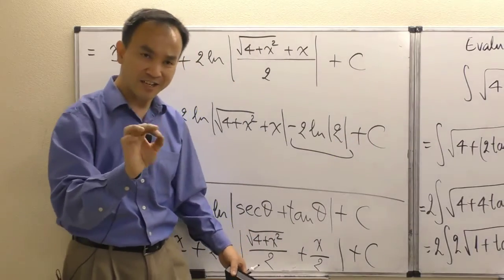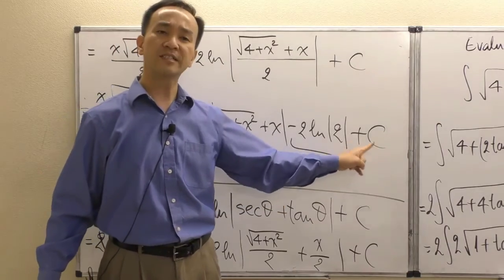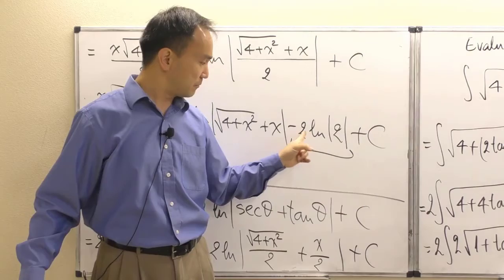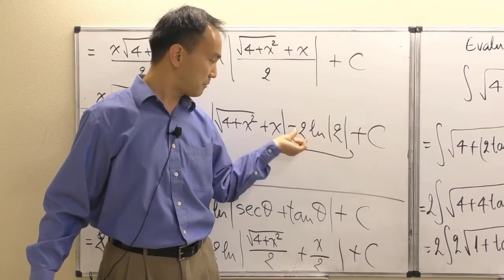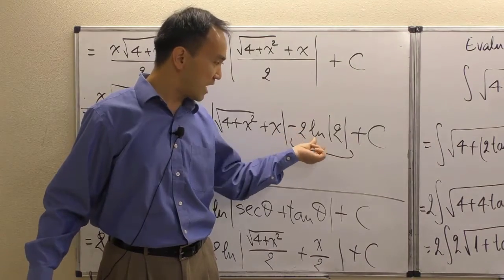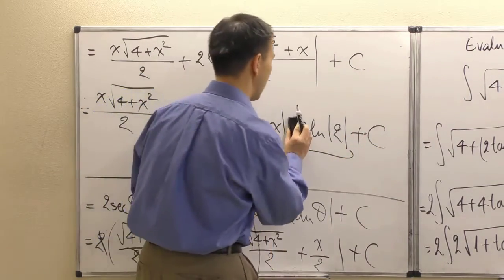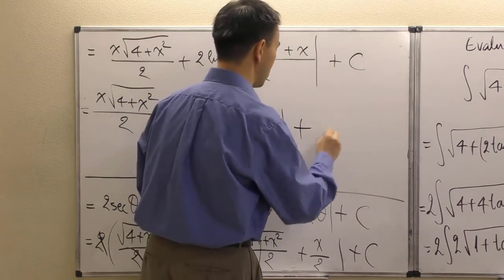Recall from our understanding of the c when we first learned about taking antiderivatives, the c simply represents a constant, and it doesn't matter what constant that is. So we can include this minus 2 natural log of 2 together with that c as a different c. That's why all together we arrive at our final answer with just one c right here.